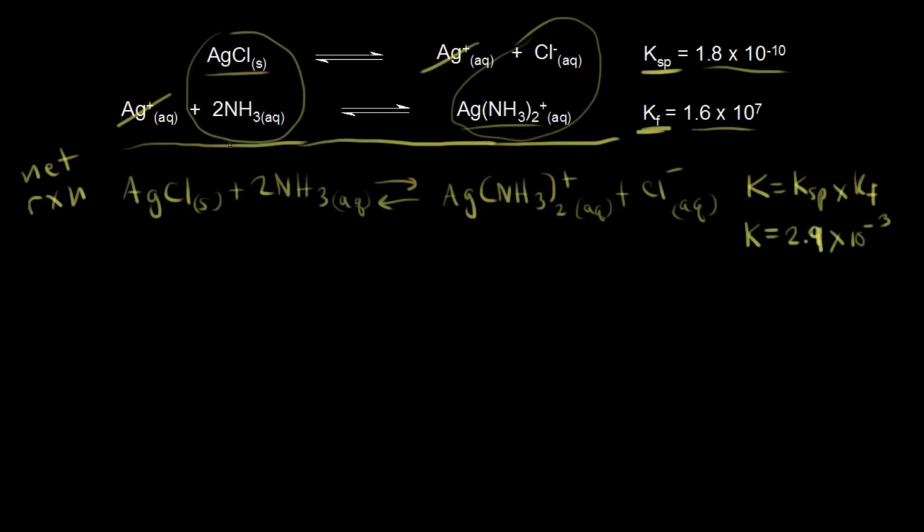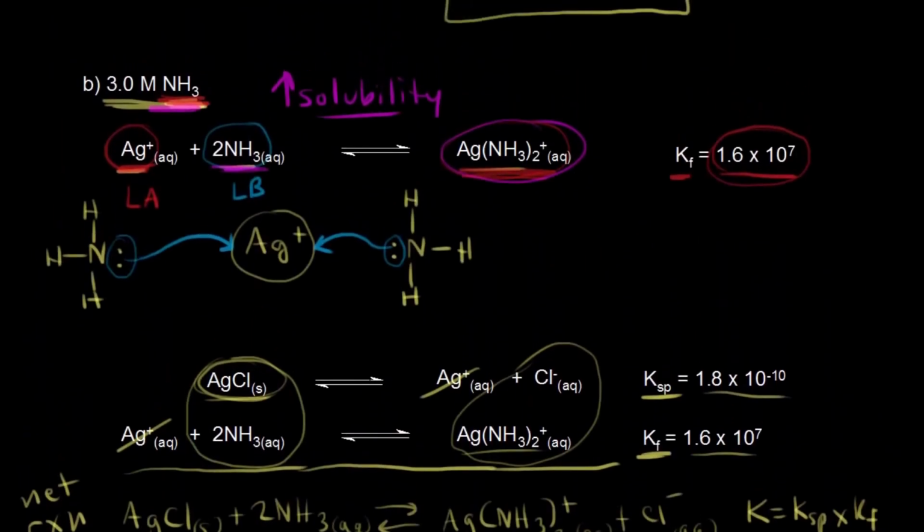All right, our goal is to find the molar solubility of silver chloride in our ammonia. So we set up our ice table, so our initial concentrations, our change, and then our equilibrium concentrations. And let's pretend like we're starting out with our solution of ammonia and we haven't added any silver chloride yet. So let's go back up here and see what our concentration was.